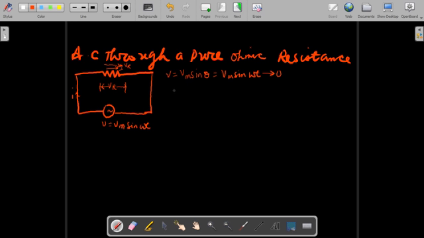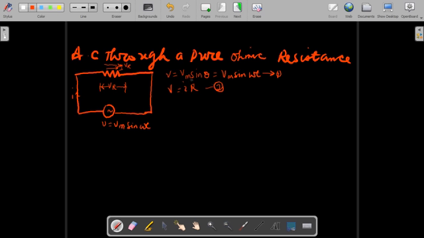Now, in accordance with Ohm's law, it is expected that the voltage drop through this resistance is going to be of the form v = iR. Let's call this equation 2, and this is equation 1.